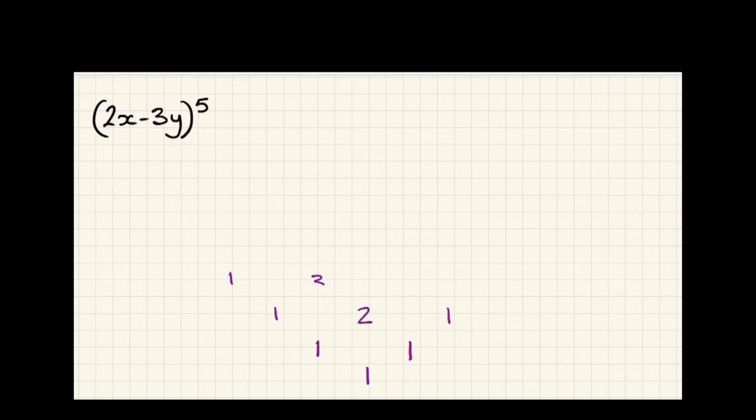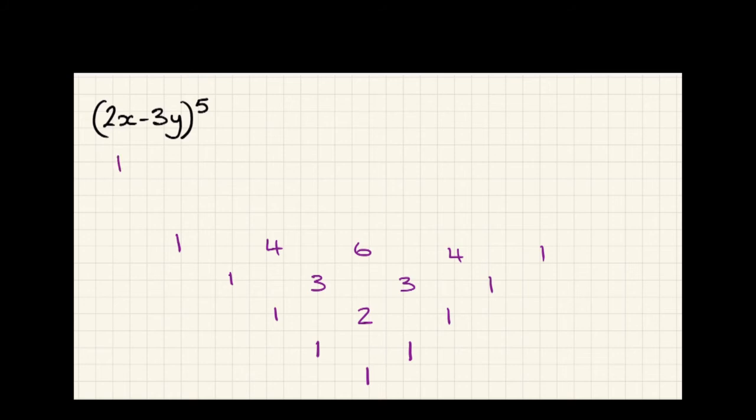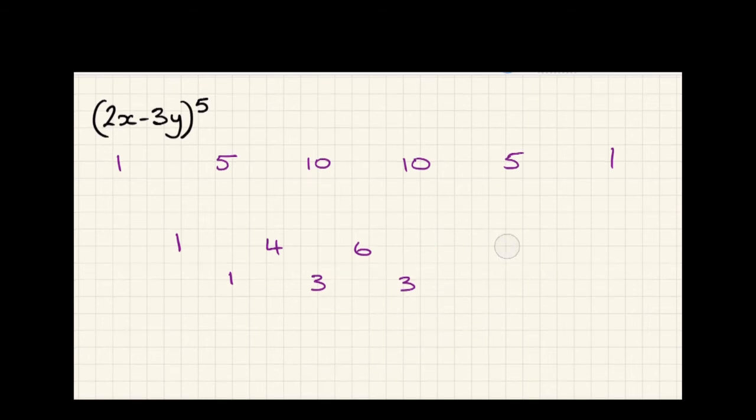So I'm doing it upside down because I want to end up with the 5th row right up here as the initial coefficients of each term of my expansion. And actually I don't need the rest of Pascal's triangle. I can rub that out now, and I've started by writing down the 5th row of Pascal's triangle.